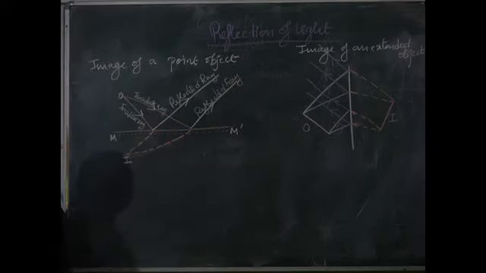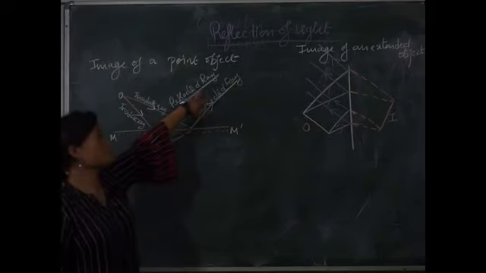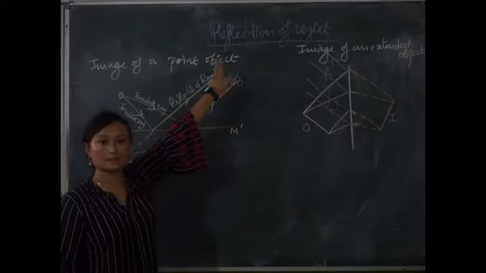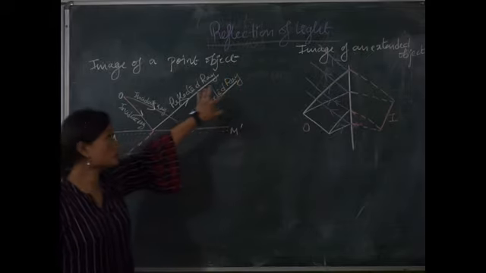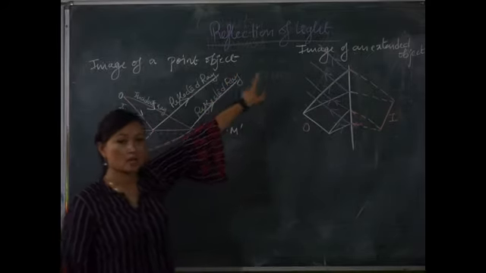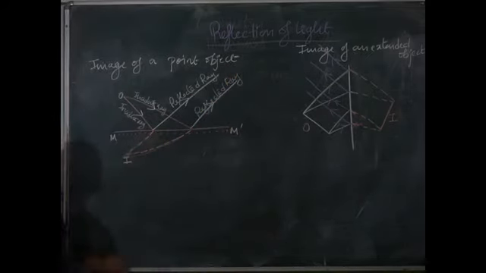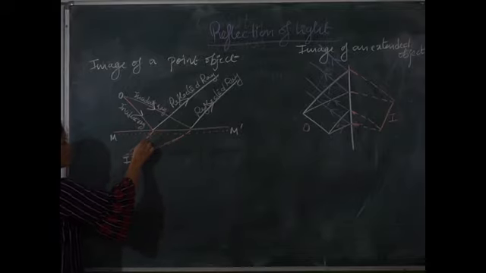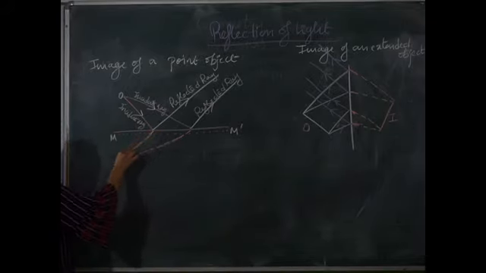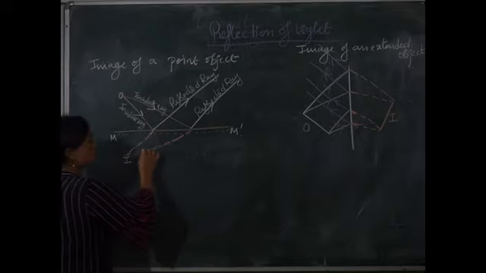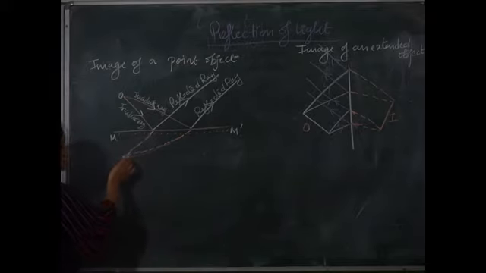When they reflect back, as you can see, the two reflected rays do not meet. They meet only when you produce them backward. When you extend the reflected rays backwards, they meet at a point.